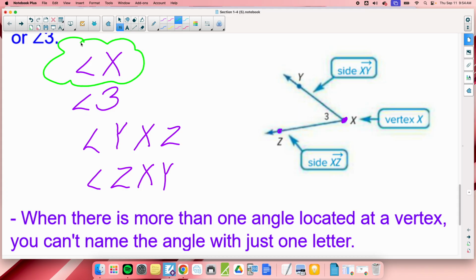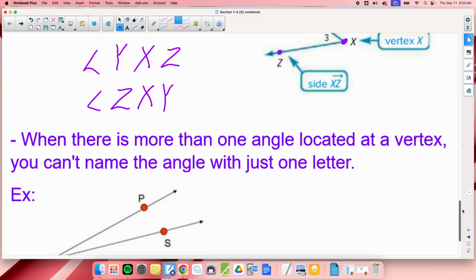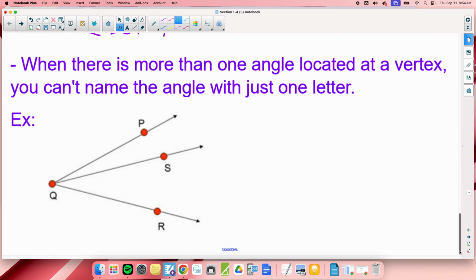The only time we can name an angle with just the vertex is if there's just a single angle drawn. Like if you look down here, do you see how there's one angle right here, a second angle right here, and then there's the entire angle?